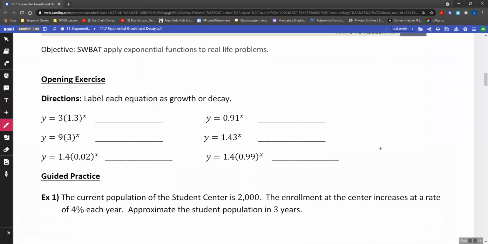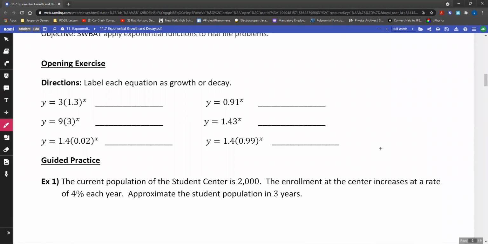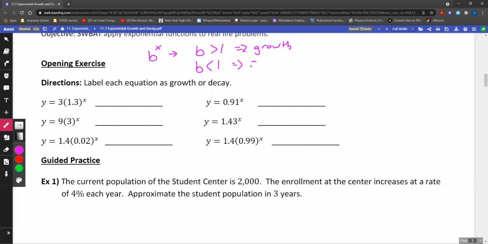Going down to here, they just want us to label each one as growth or decay. So if you recall, if the number that's being raised to the power is greater than 1, that's growth. And if that number is less than 1, then it's decay.